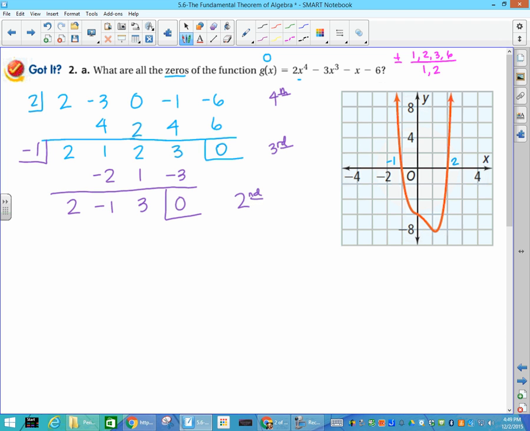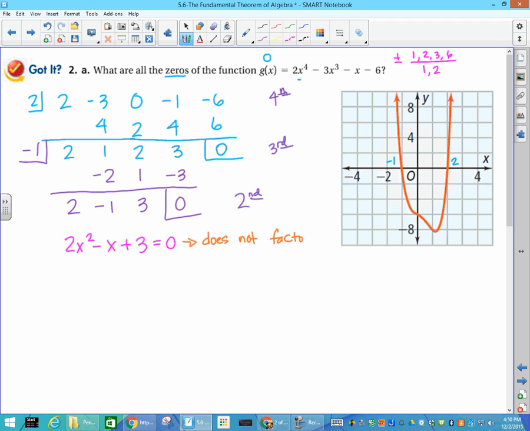And so from here, I have 2x squared minus x plus 3. Are there any factors of 6 that add to give me 1? Well, there's no way I can add the factors of 6 to get to 1. So this thing cannot be factored, okay? So keep that, it does not factor.